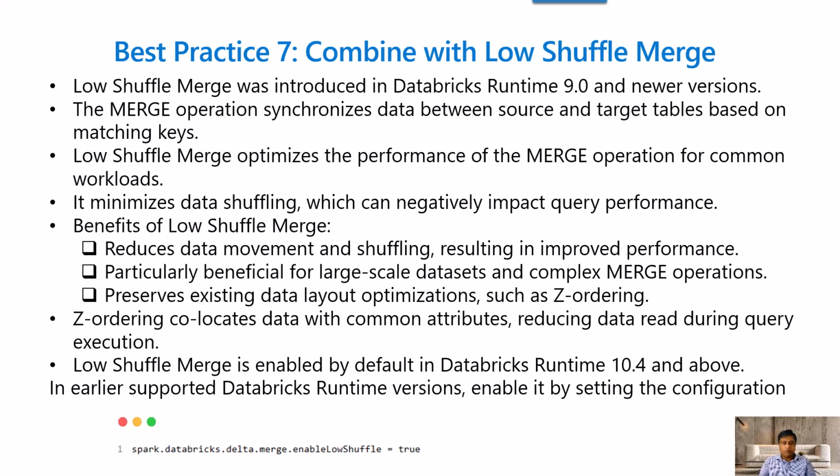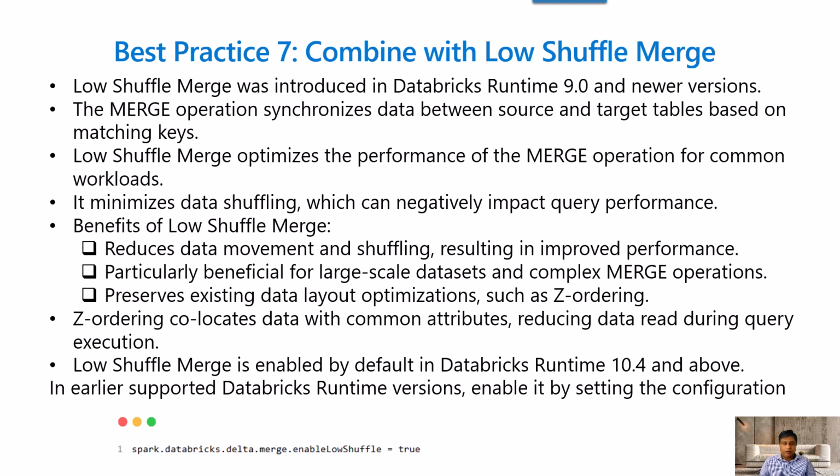So what are the benefits of low shuffle merge? Low shuffle merge reduces the data movement and reshuffling, which in turn helps you to improve the query performance. It is very beneficial for large scale data sets, because in large scale data sets you have so much data moving from different locations, and that shuffling can be very expensive.